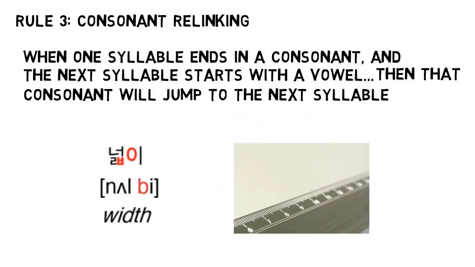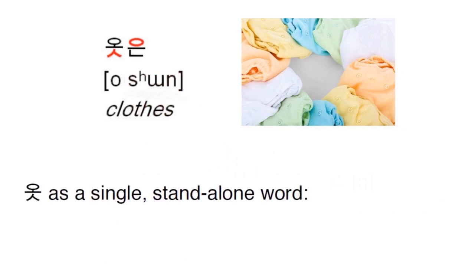Rule 3 can interact with the first and second rules in an interesting and slightly complex and hard to follow way. For instance, take the phrase clothing is 옷은. It's basically a two-syllable word comprised of the letters O, S, U, N. If these two syllables were two totally separate words, then rule 1 would kick in for the first syllable. In that scenario, you're looking at an unvoiced sound, in this case, an unvoiced sound that's not a K or a P, at the end of a word.